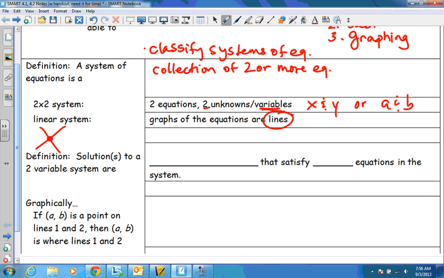Okay, so a solution to the system, and even think about if you're graphing, the solution is a what? Point. Okay, or let's make it a fancier word and say ordered pair. But yeah, a point. Or we could have pairs, if they intersect in more than one spot, and they're going to satisfy all the equations in the system.